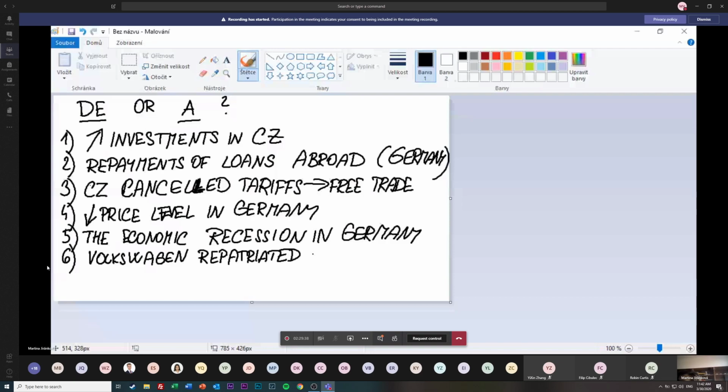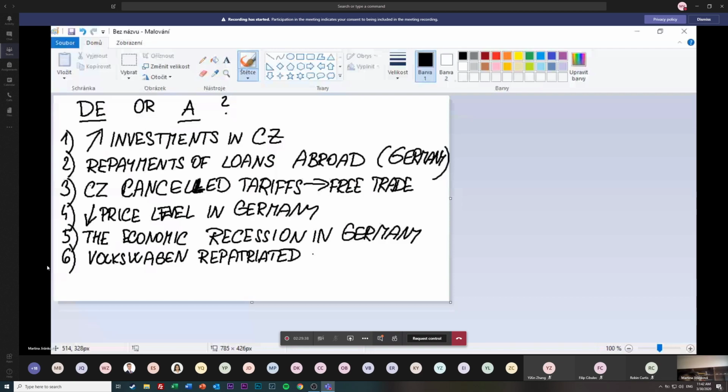So there is increase in the supply of the Czech currency, and that means depreciation. 2 is depreciation. The Czech Republic cancelled tariffs. Now there is free trade. That means there is increase in imports.